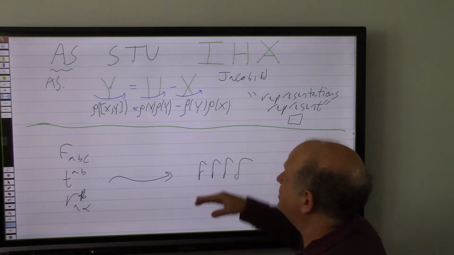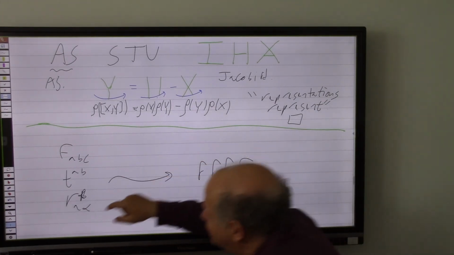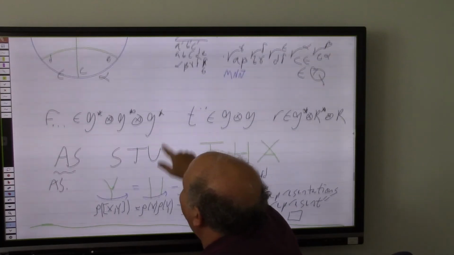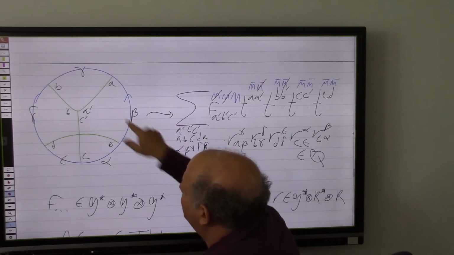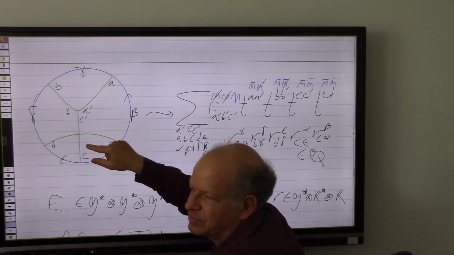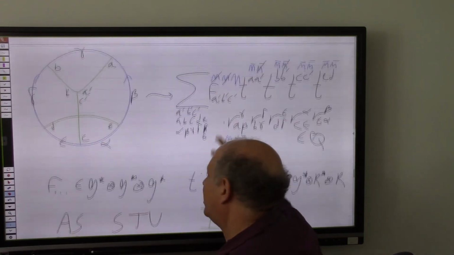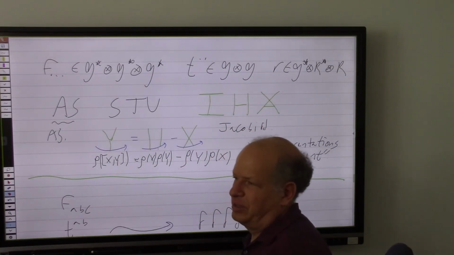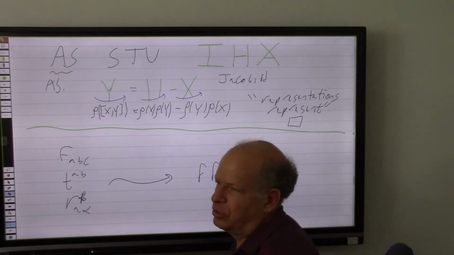But the point is that those delta symbols will be assembled together in a very neat way as dictated by the diagram. And, well, we'll see what it gets. Okay. See you on Friday.